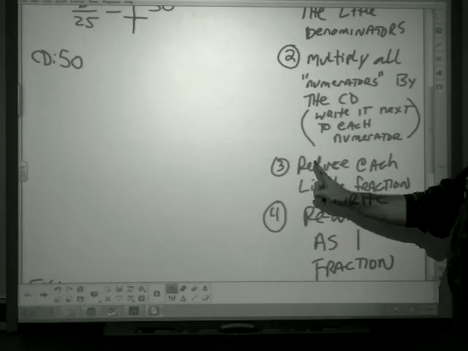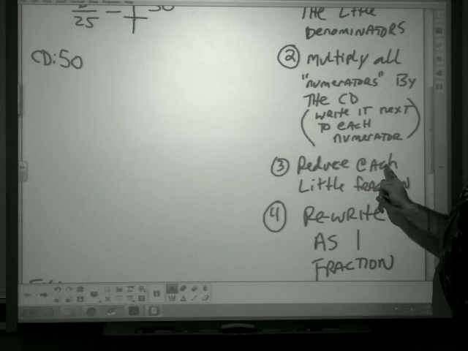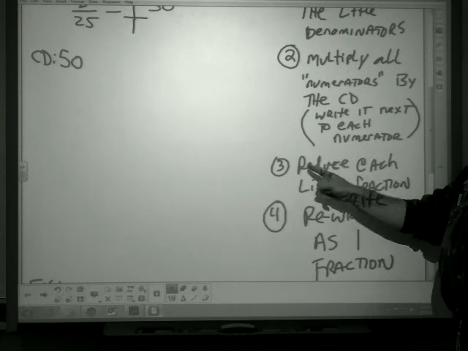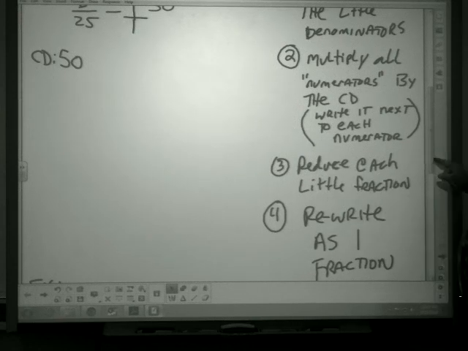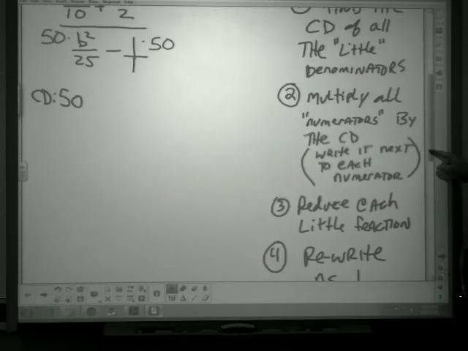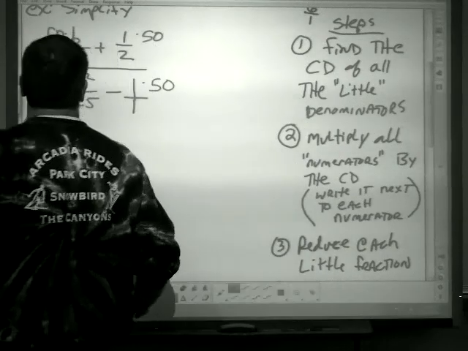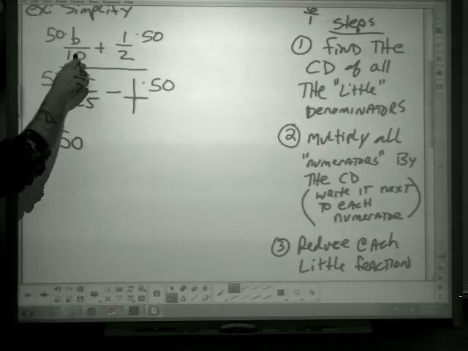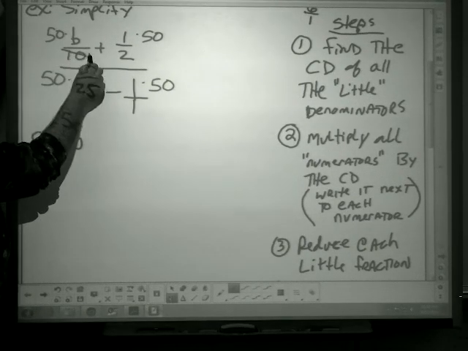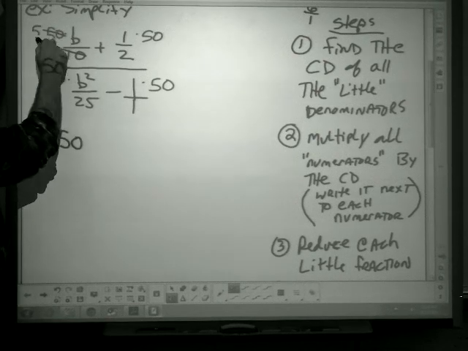All right? But here's the nice part about this problem. Step 3 is to reduce each little fraction. So before we go any farther, we're going to go up here and reduce each fraction. So 50 and 10: 10 goes into 10 once and goes into 50 5 times.